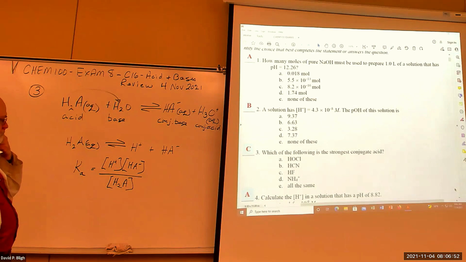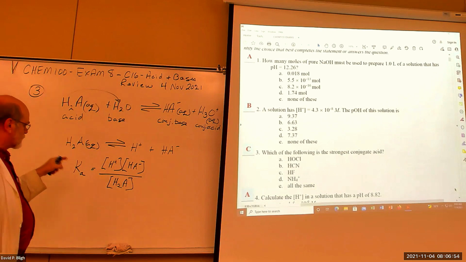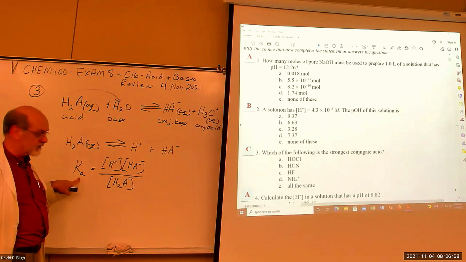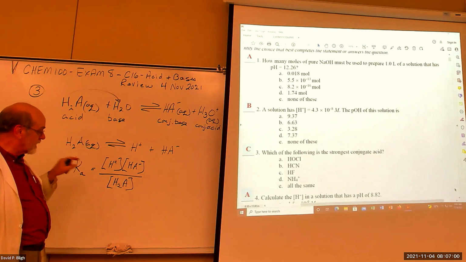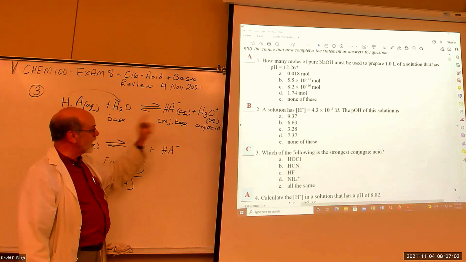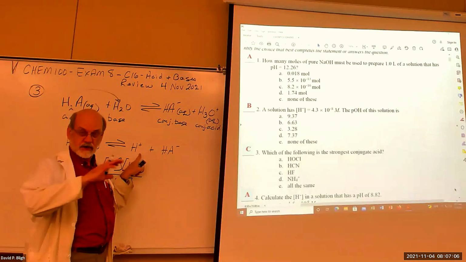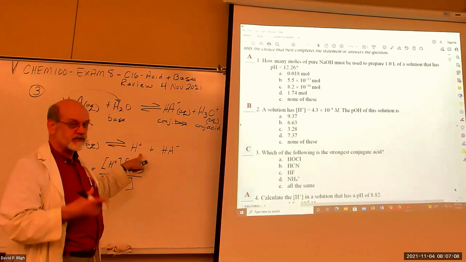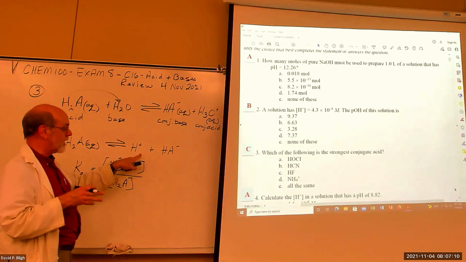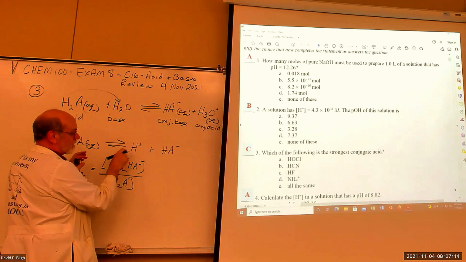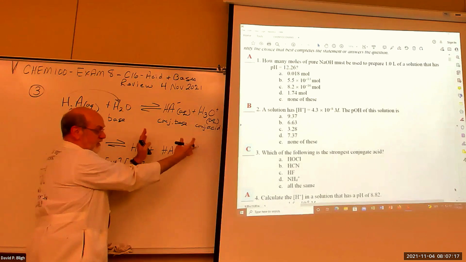Okay. So once we know this value, it can tell us just how strong that acid is, right? Because if it produces lots of these protons, then it's a stronger acid. If it produces just a few, then it's a weaker acid. And that means that if it dissociates a lot, then it's on this side.